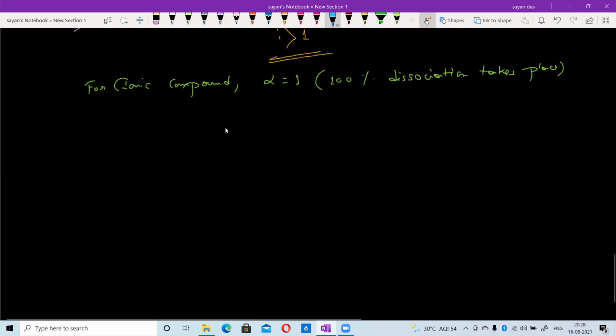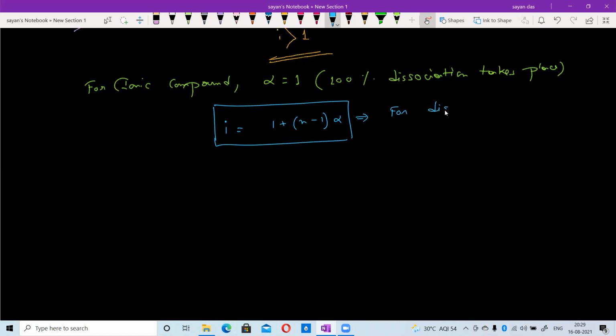Now, what is the important formula for i? That value is 1 plus (n minus 1) into alpha, and this formula is only valid for dissociation. Okay. Now, what is n? n is basically the number of particles. How many particles do we get?